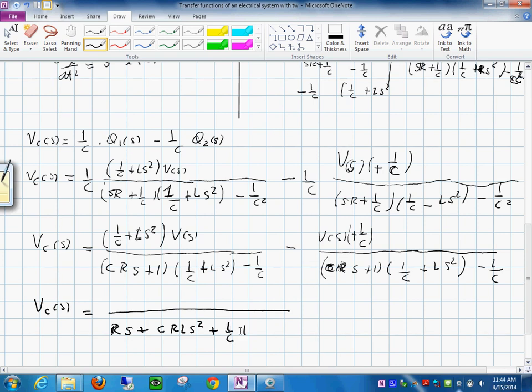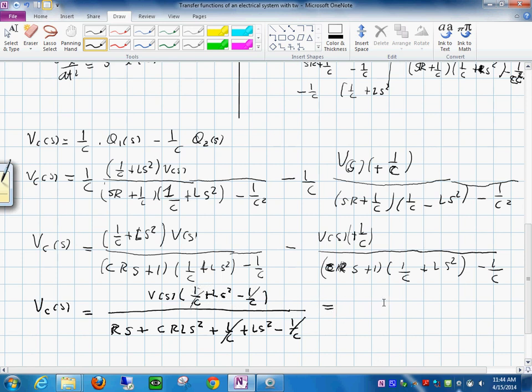And then plus L S squared minus 1 over C. This is going to eliminate this. And at the top in here, we're going to hold B of S times 1 over C times L, and I mean plus L S squared, and then minus 1 over C. So that is going to eliminate this too.